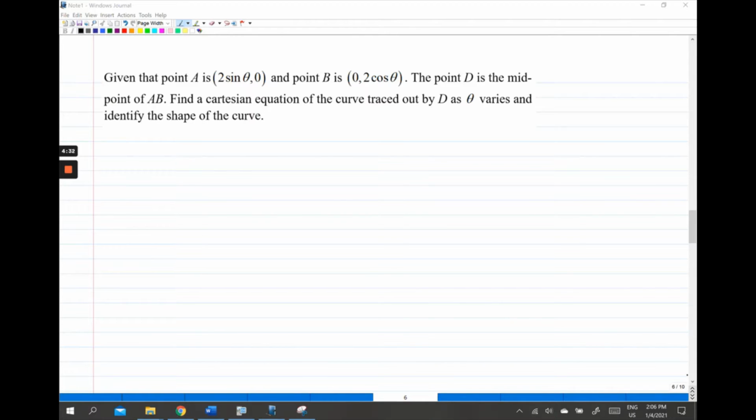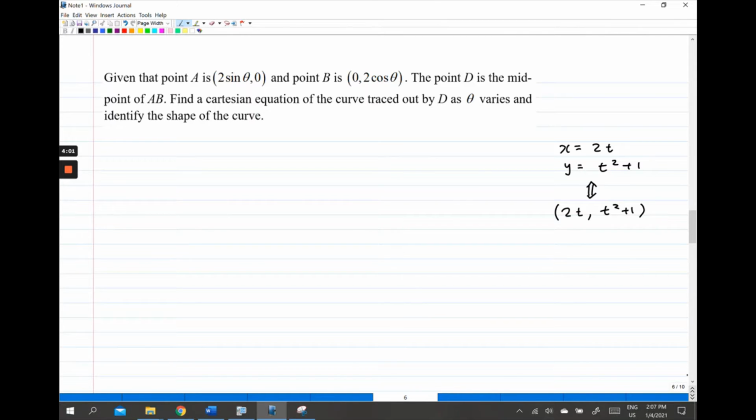If you notice, in a parametric equation, typically you have x equals maybe 2t and y equals maybe t squared plus 1. What I need you to see is the equivalent form if you write them in the coordinate system: your x coordinate is 2t, while your y coordinate is t squared plus 1.